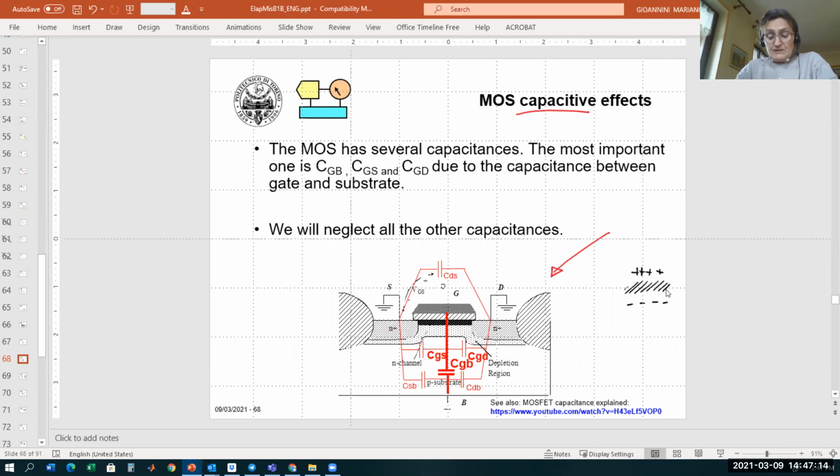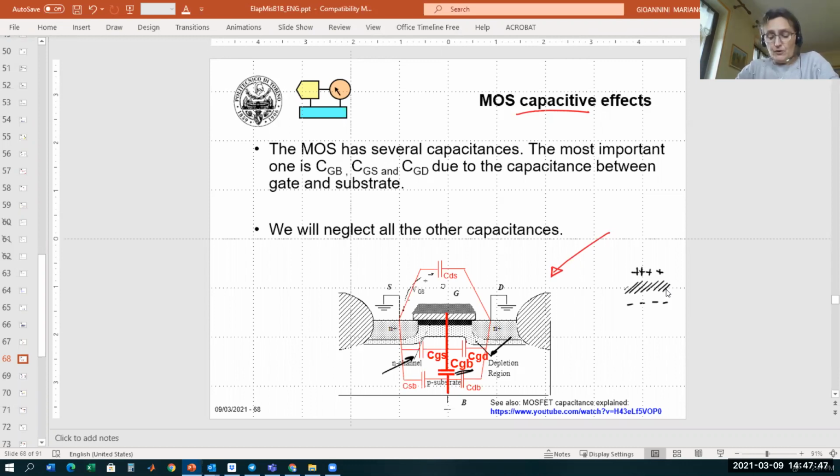Where are these capacitances? The most important capacitances of the CMOS are those that in this figure I indicate in bold. The important capacitances are this one, and this one, that I indicate as CGS, CGB, and CGD.